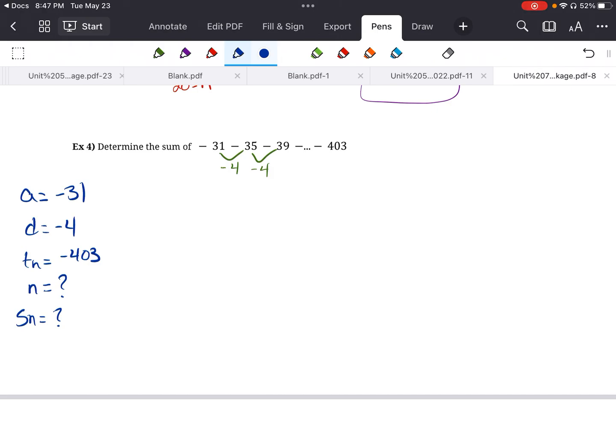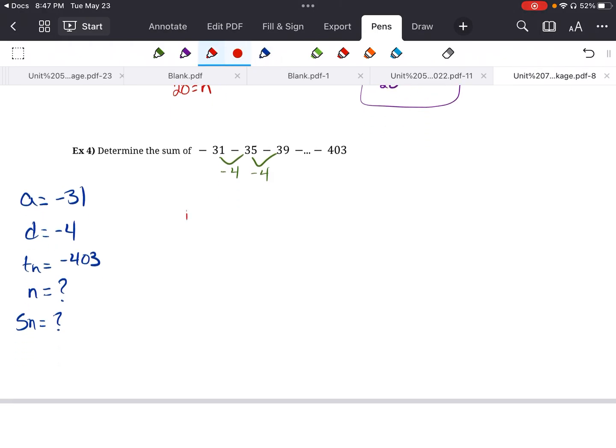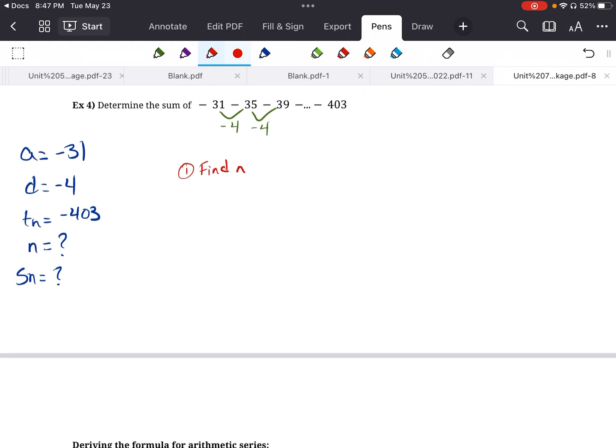So again, step 1 is to find n. So just like we did above, we are going to use the general formula. N equals negative 403.